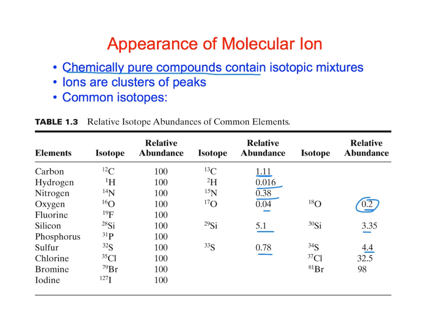But you could have two ions with different formulas that coincidentally have the same mass, and that would screw this all up. The other thing, as we've already talked about, is that our ions are actually clusters of peaks, because of these isotopes.